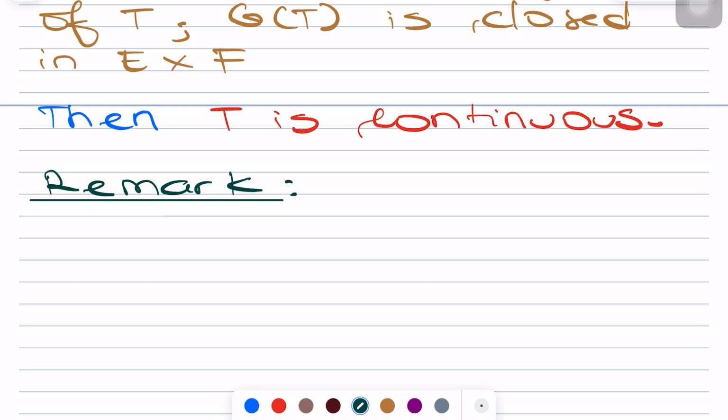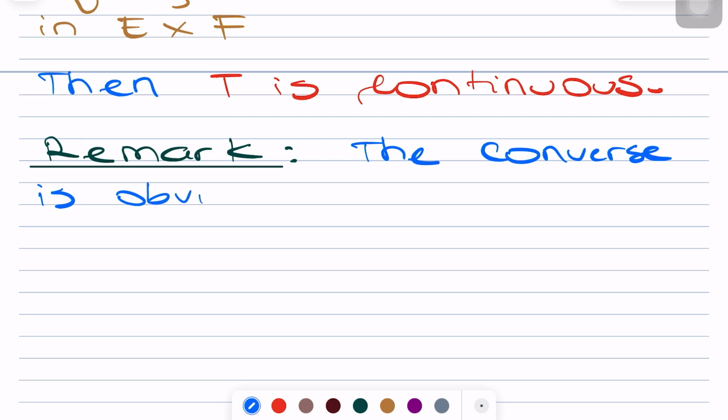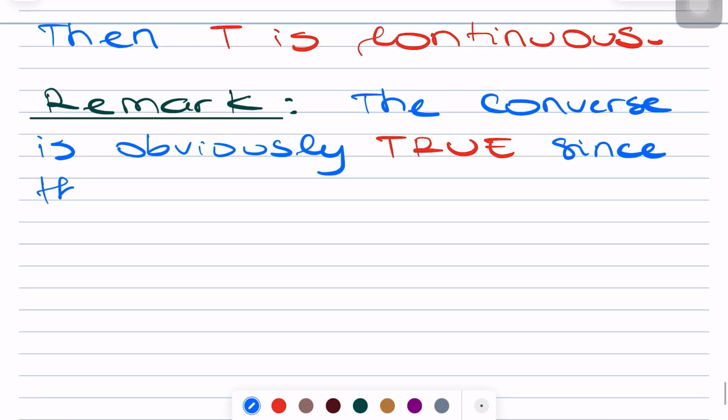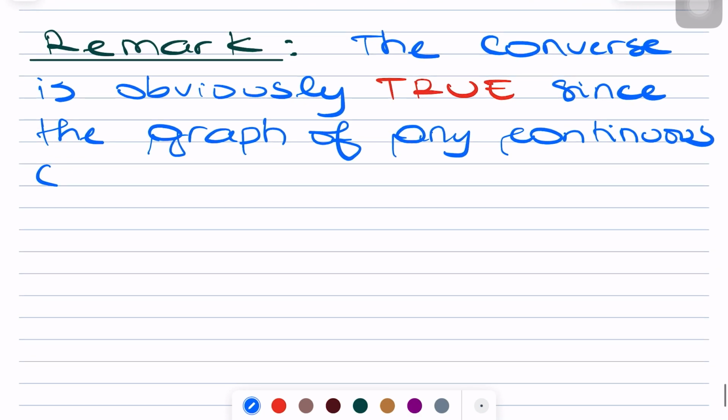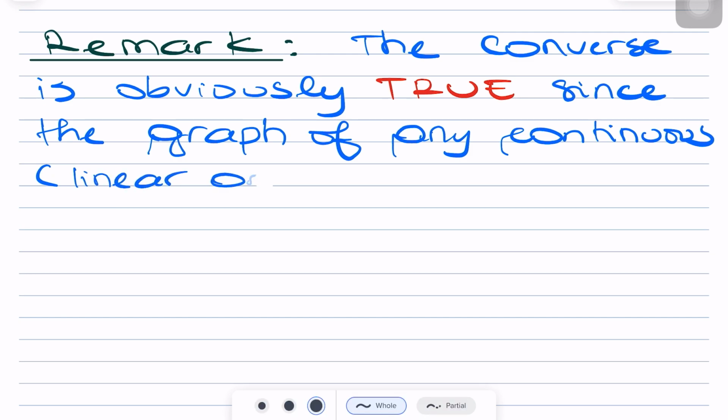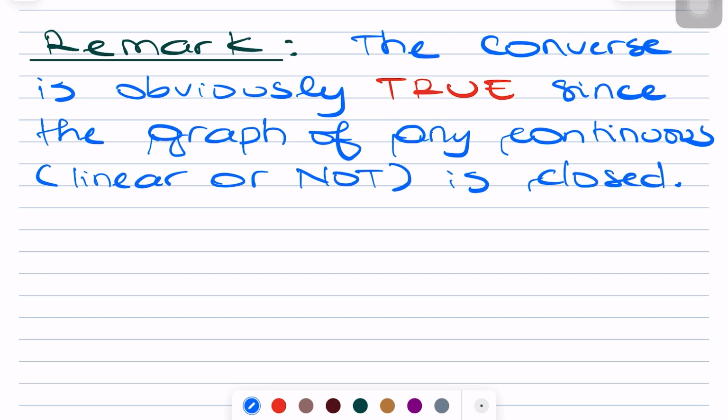If you have a function that is continuous, then the graph is obviously closed, since the graph of any continuous function, be this linear or not, is closed. You can prove that if you want, as an exercise.